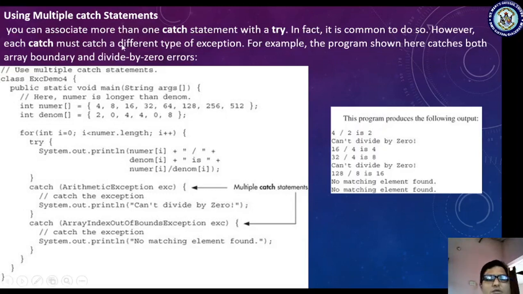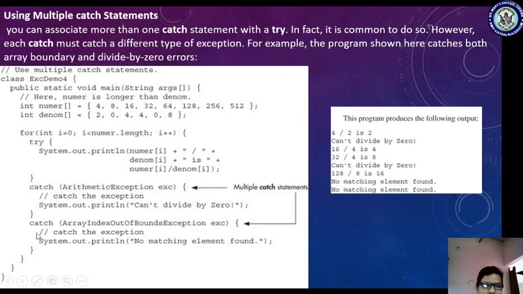Yes, you can associate more than one catch with a try. In fact, it is common to do so. However, each catch must catch a different type of exception. Each different catch will catch different types of errors in your program. To understand that, you will see here.